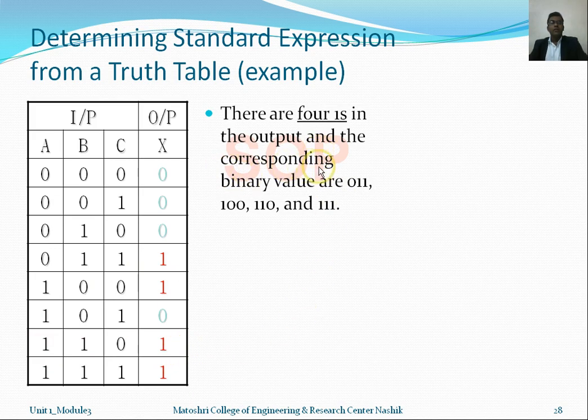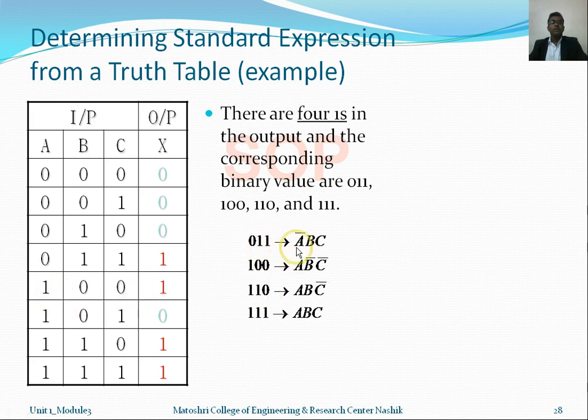Keep in mind, in SOP, 0 is the complement of that variable. So 0 1 1 is A complement B C, and 1 0 0 is A B complement C complement, because the values of B and C are 0. In SOP, 0 is the complement.